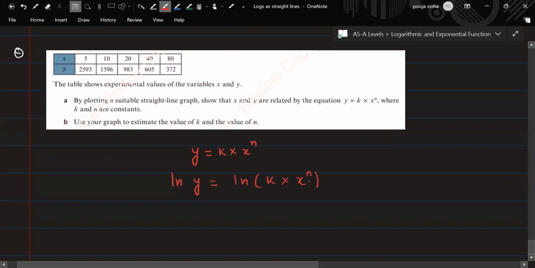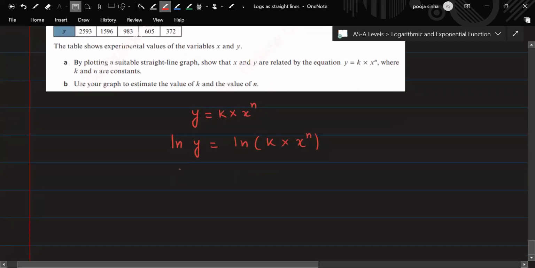Now ln y would remain as it is, and it will become n ln x plus ln k. So from here I can say this one is y, this is the m, ln x will be the x, and this will be the c. So that much is done.